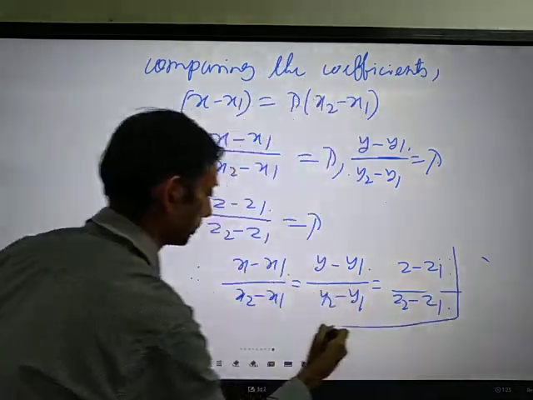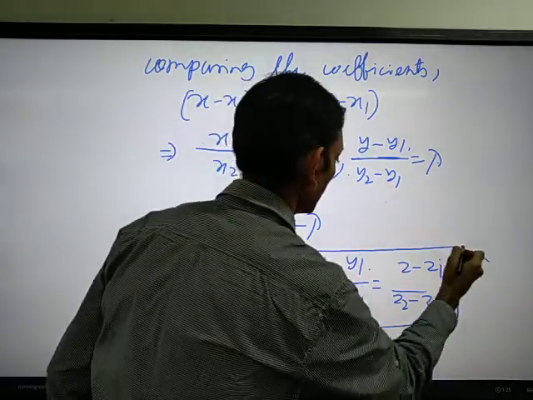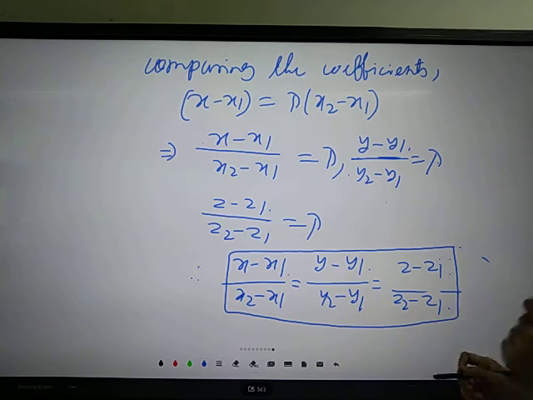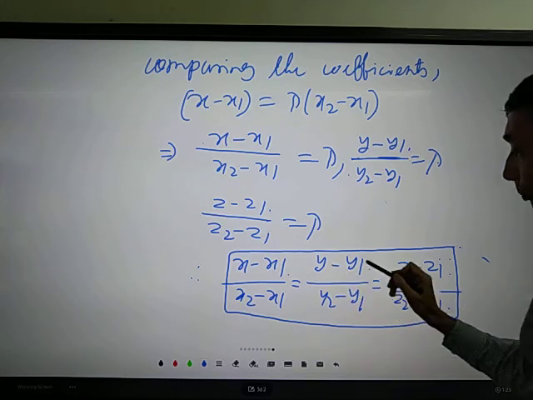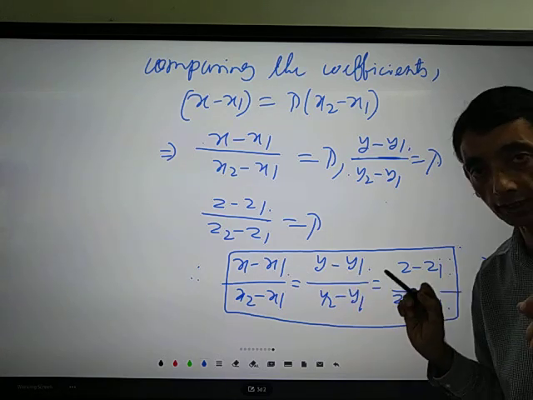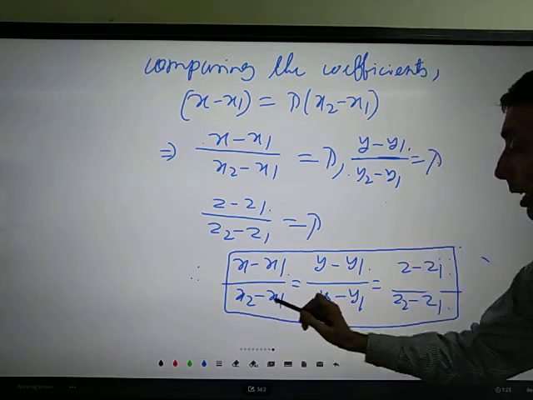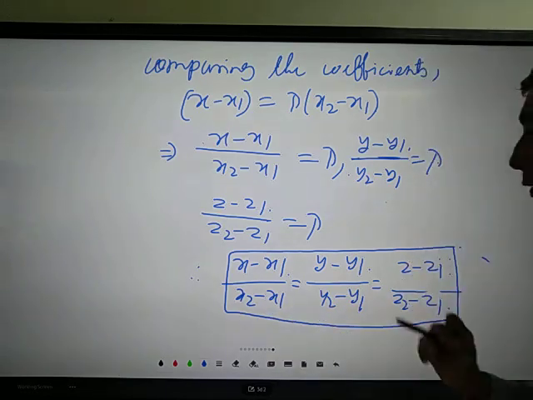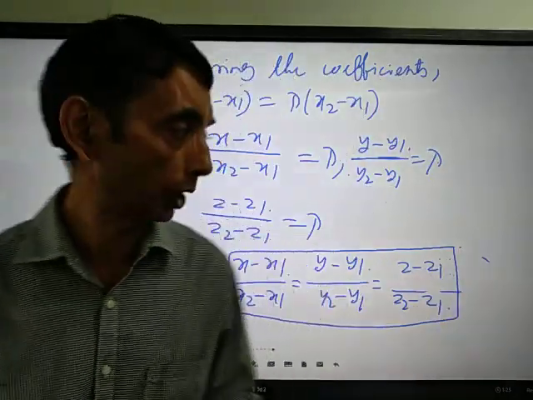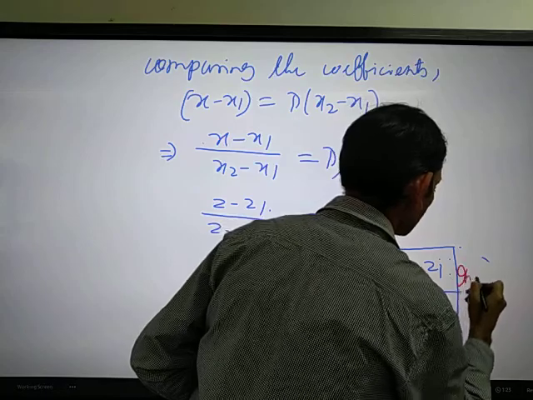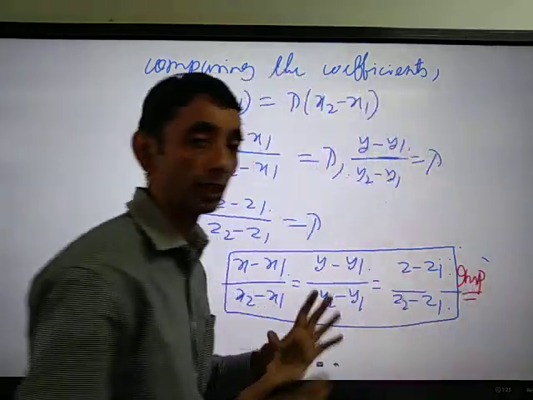Done. So which is the equation of the line passing through two given points. What are x1, y1, z1? x1, y1, z1 are the coordinates of one given point, and x2, y2, z2 are the coordinates of the other given point. So this is also a very, very important equation of a line.